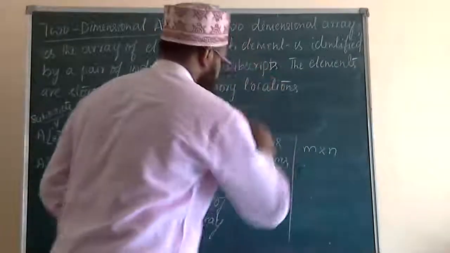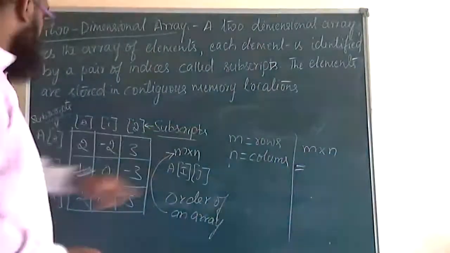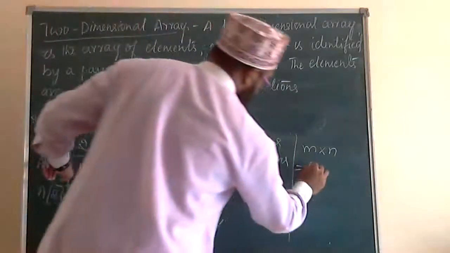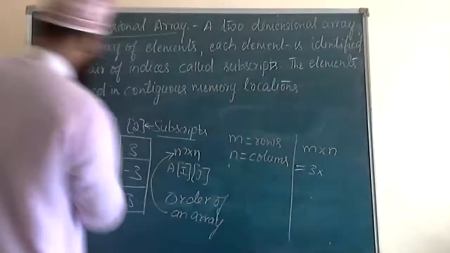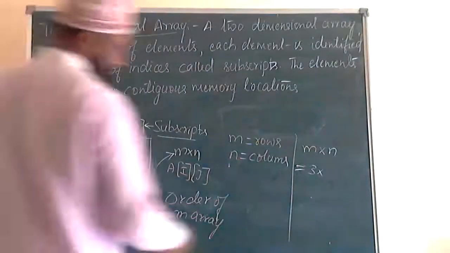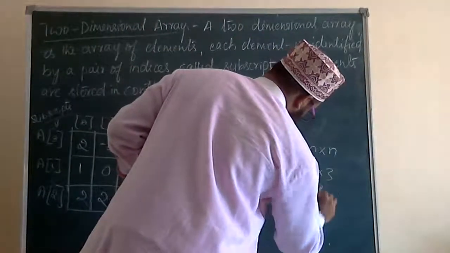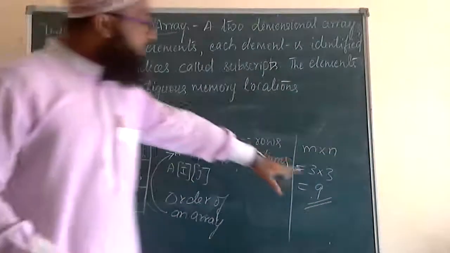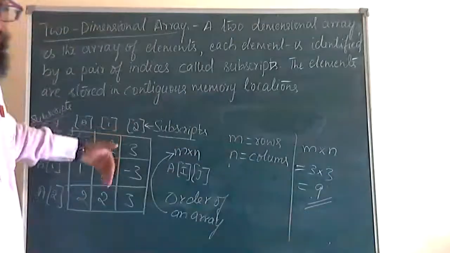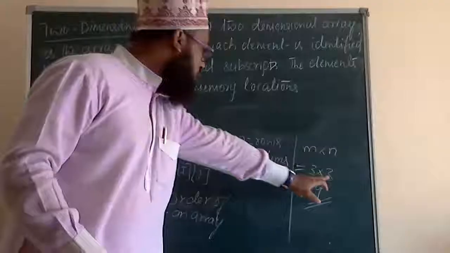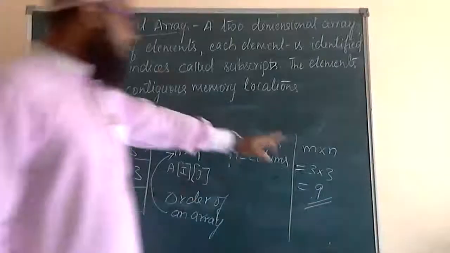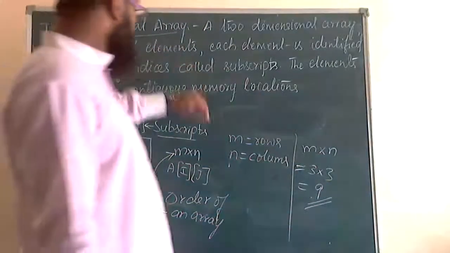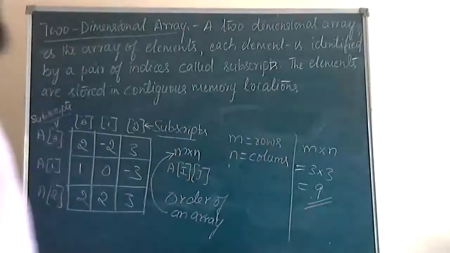M means the number of rows: 1, 2, 3, 3 rows are there. Into n, which means columns: 1, 2, 3. Which is 3 into 3, that is equal to 9. The order of this two-dimensional array is 9. The number of rows into the number of columns is called the order of an array. Hope you have understood regarding two-dimensional arrays.